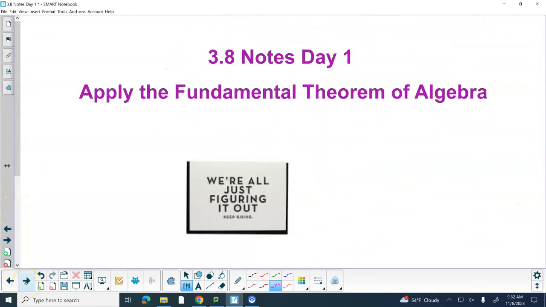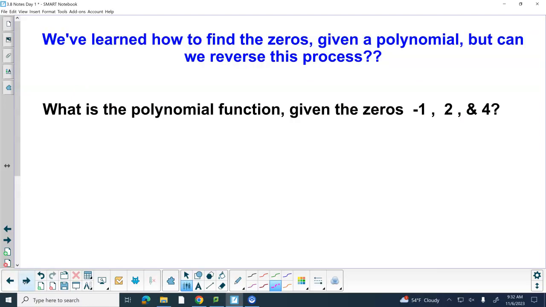Good times. All right. So today we are learning something brand new. Just when you think you have all of the answers and can do all of the stuff, got it all figured out, I go and I change the order of the question. Okay? So now today, what you're going to be given is the zeros. You're going to be given the solutions. You're going to be given the answers.